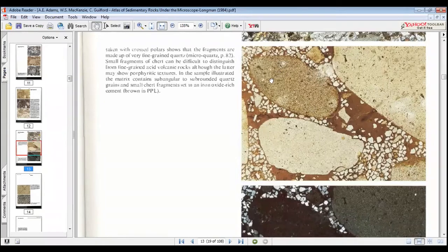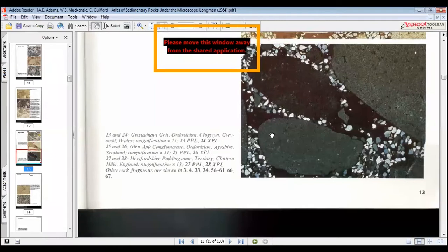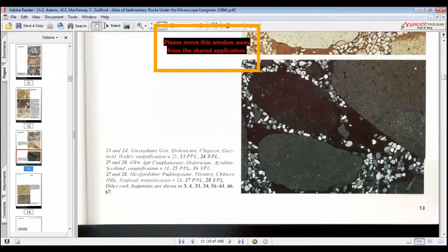This was the plane polarized light, and now next is the cross polarized view. You can see clearly that because chert is also a form of quartz, it imparts the same extinction.